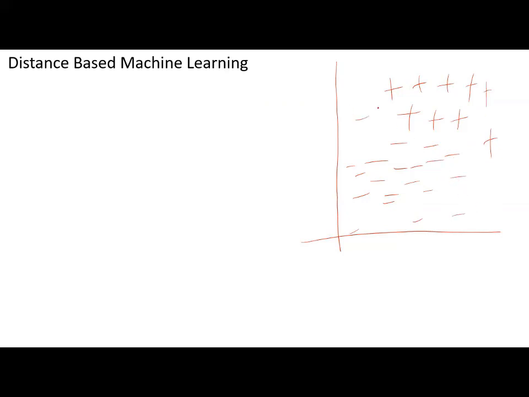Now, we want to classify another point. Say, for example, there is a new point here. I want to classify this point as positive or negative. This is the question.